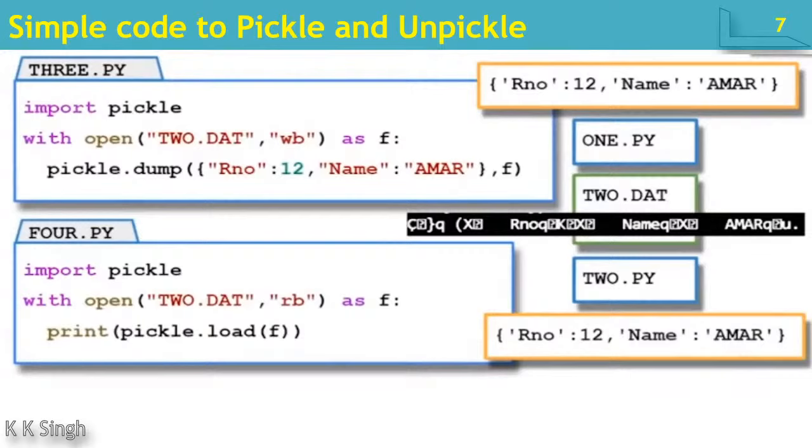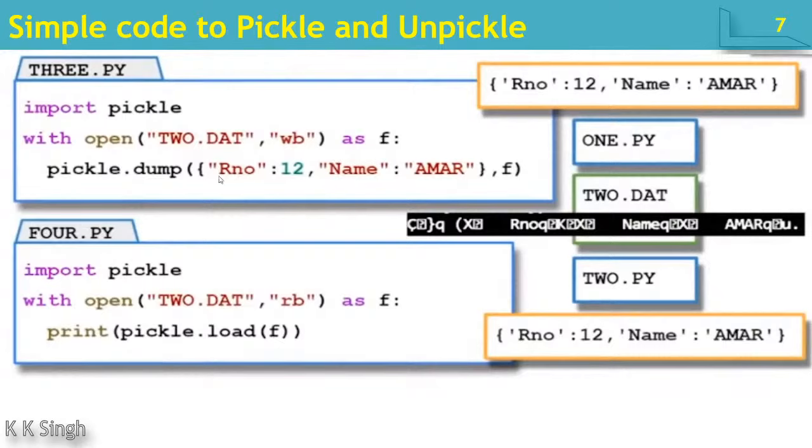That is why I have used dat. And next is the mode of opening the file, that is wb. w to write the file, and b signifies binary file, and f is the file object. Means the 2.dat will be created in binary mode, and the object which will represent 2.dat is f.